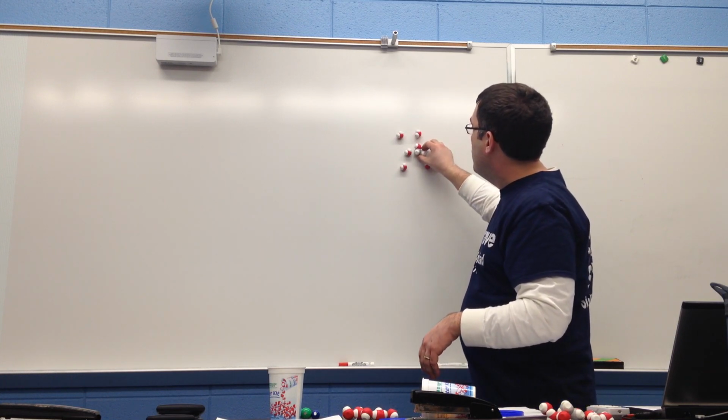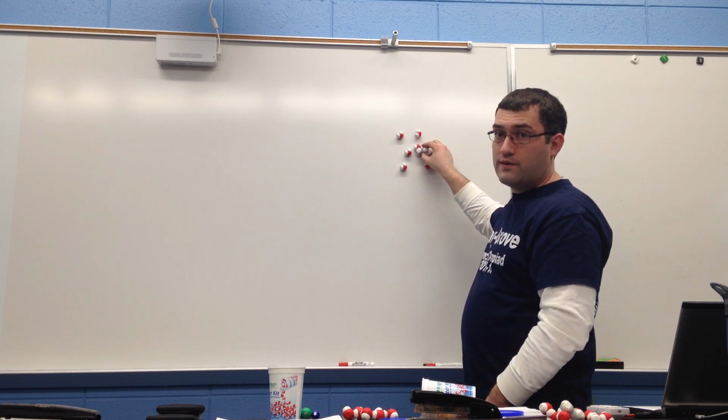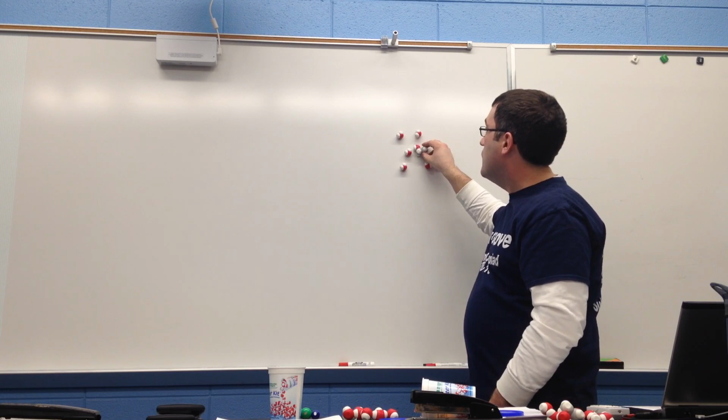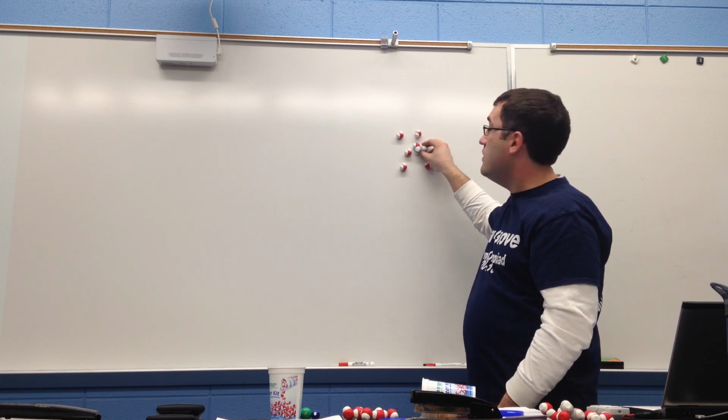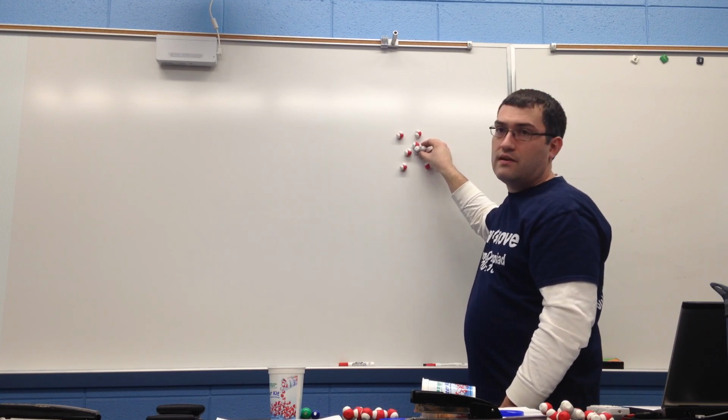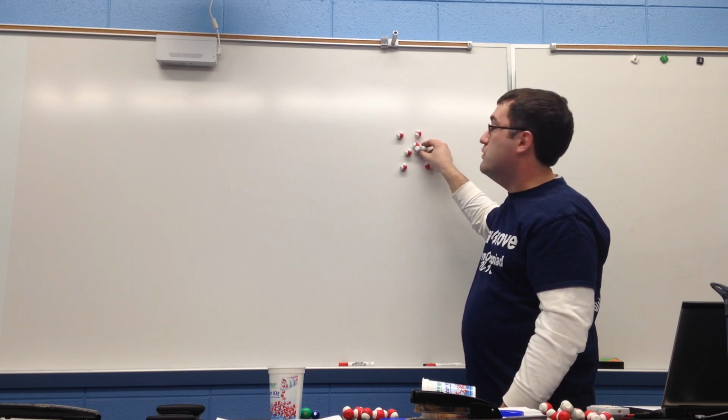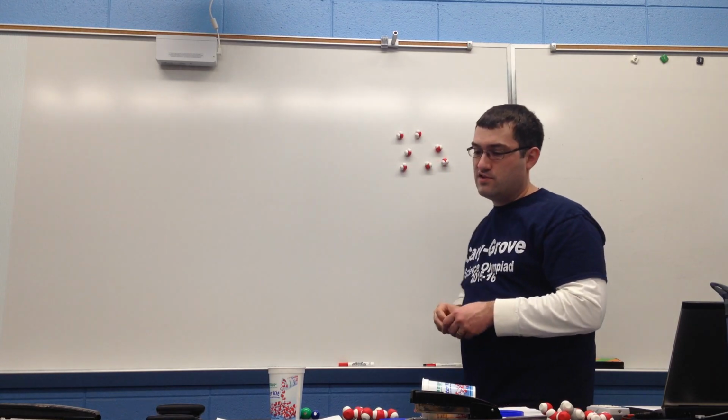Okay? So let's think about what happens when something dissolves. When you put a substance into water or any solvent, we'll use water as a good example, we know that the substance will form intermolecular forces with that solvent. In the case of water and a polar covalent substance, we form IMFs based on dipole-dipole and hydrogen bonding, and that allows the substance to dissolve.